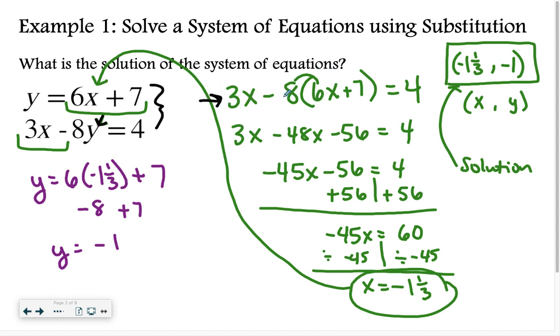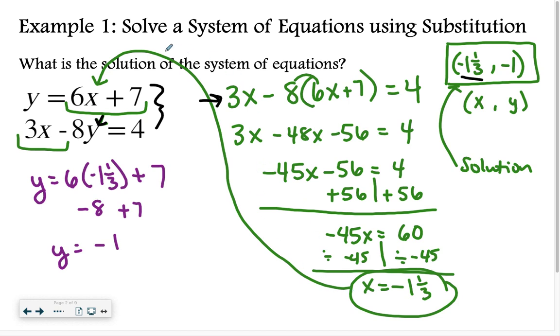So I had 3x minus 8 times the quantity of 6x plus 7 equals 4. I distributed. I combined my like terms. I did order of operations backwards, started with addition. Then I divided by negative 45 to get negative 1 1/3 as my x value. So I wrote that as part of my solution.